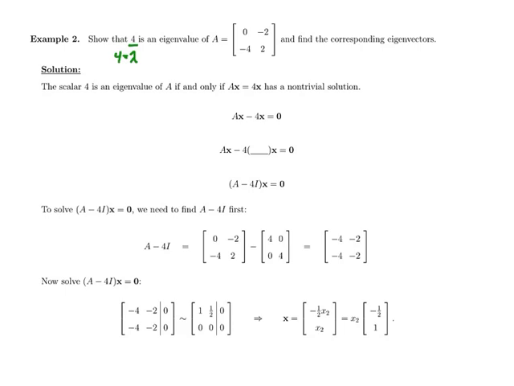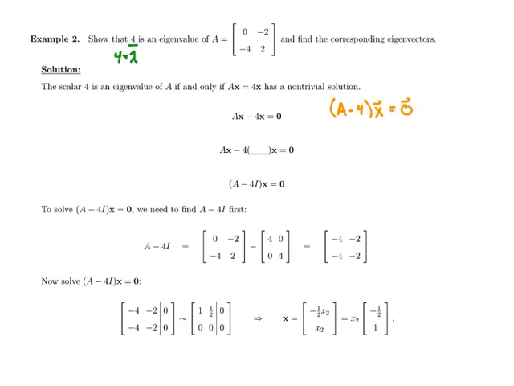So I want 0 on one side, so I'm going to subtract 4x from both sides, just doing some algebra. We can add and subtract pretty freely across an equal sign. And we're left with Ax minus 4x. Now one thing that's going to be tricky here is that you may be tempted to write this as A minus 4 times x equals 0.